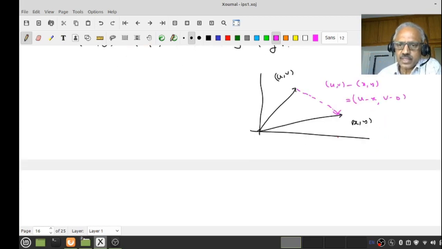Now there are three sides. This is a triangle, the way I have drawn. Of course, I am assuming (u, v) is not proportional to, or a scalar multiple of, (x, y). Therefore I can form a triangle. Now suppose this is the angle theta. Now I can apply the law of cosines.